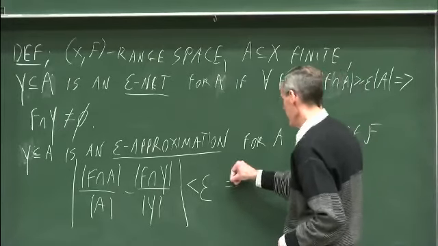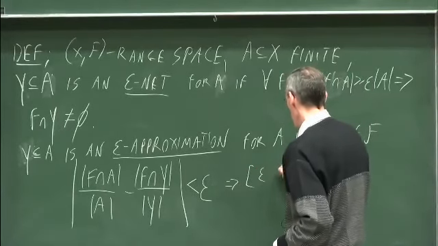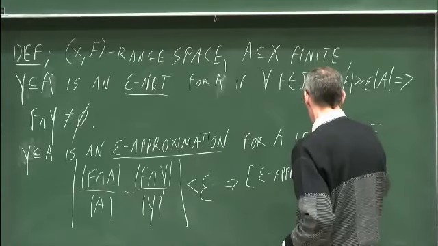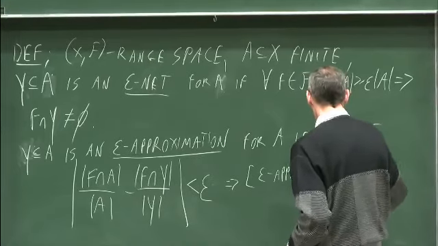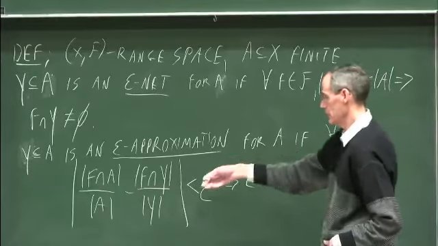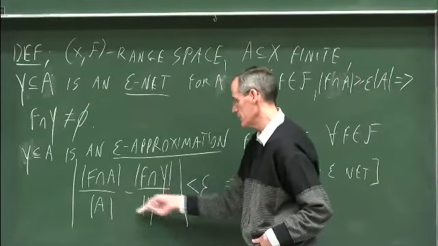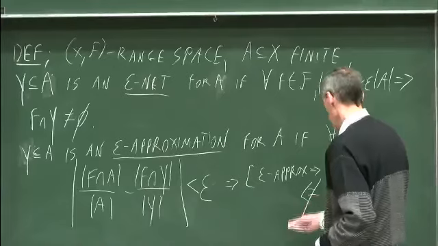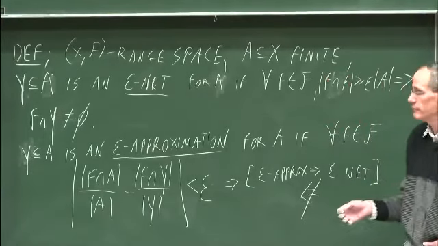And of course, an epsilon approximation is also an epsilon net, right? Because if the difference is at least epsilon, then this cannot be 0. And the converse is not true in general. So we can give some examples.